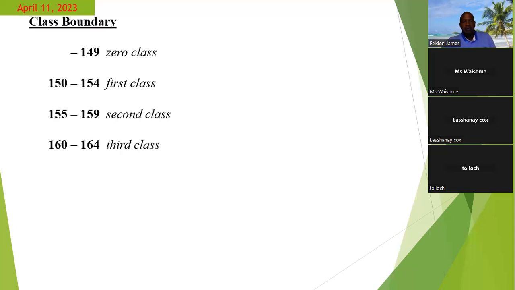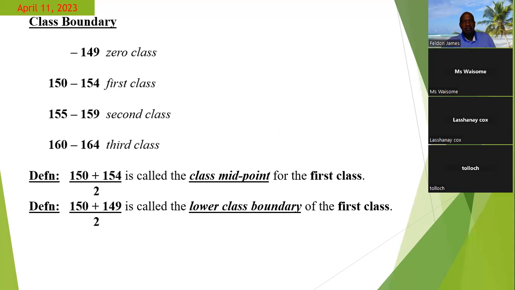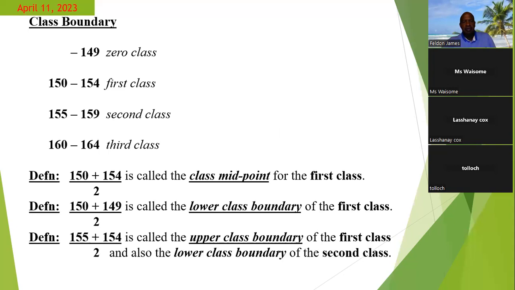Now, next we talk about boundaries. Let us look at how we find boundaries. In order to find the boundaries, we take the upper limit of one class plus the lower limit of the next class, add them and divide by 2.